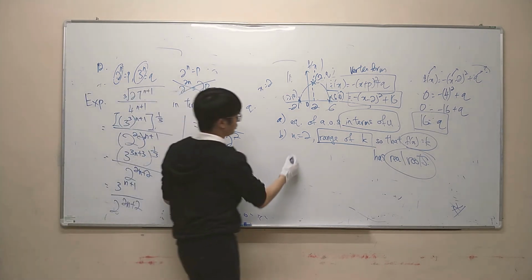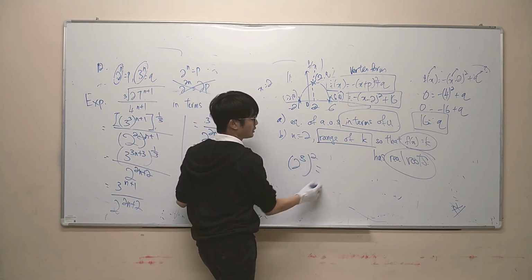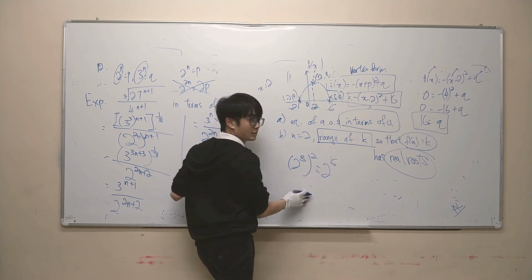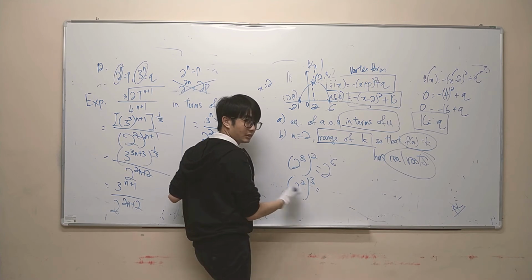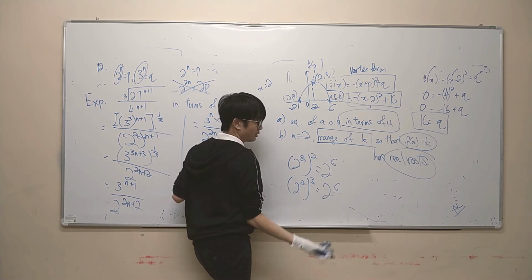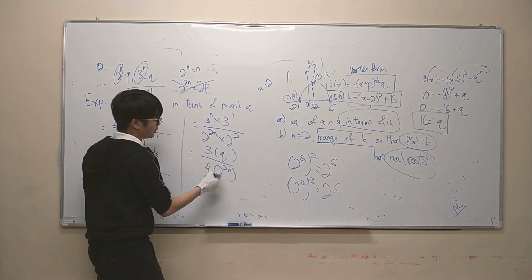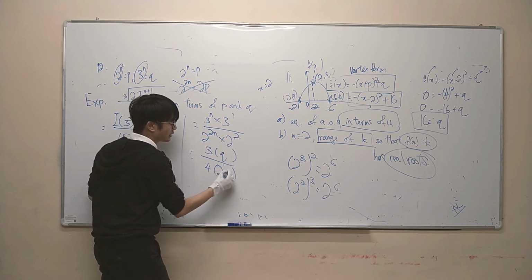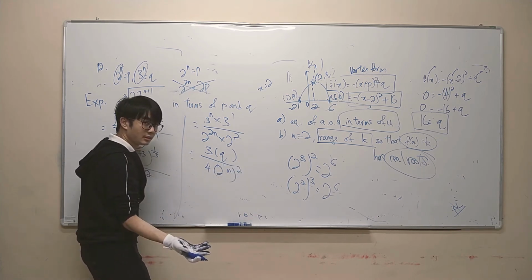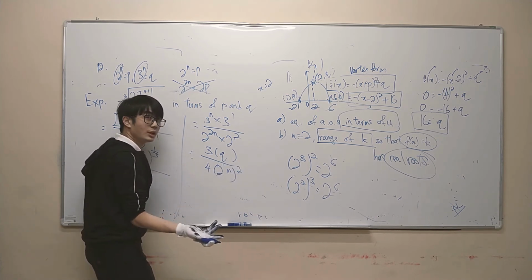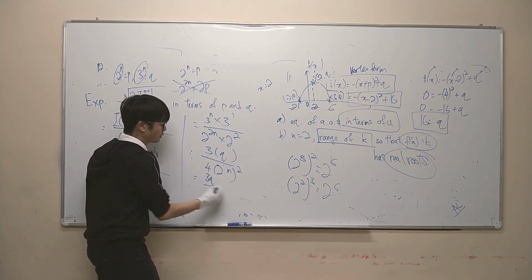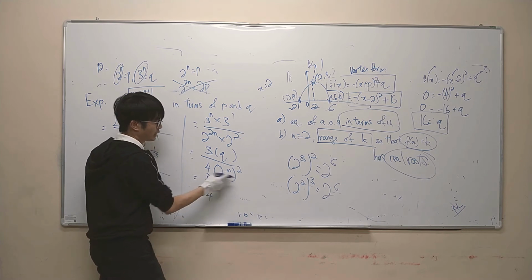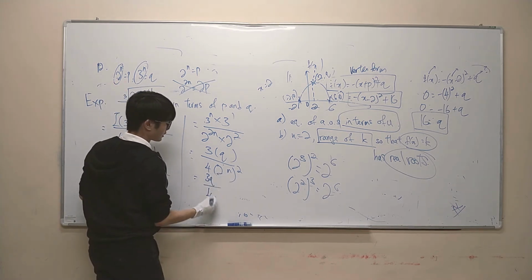So saya tanya kalau 2 power 3 power 2, what's the answer? 2 power 3 times 2 is 6. Can I write it like this? It's the same way. Boleh saya boleh tukar. So 2 power 2n, can I write it like this? Can, right? Because n times 2 is 2n. Because when you write it like this, you can substitute 2 power n is p.